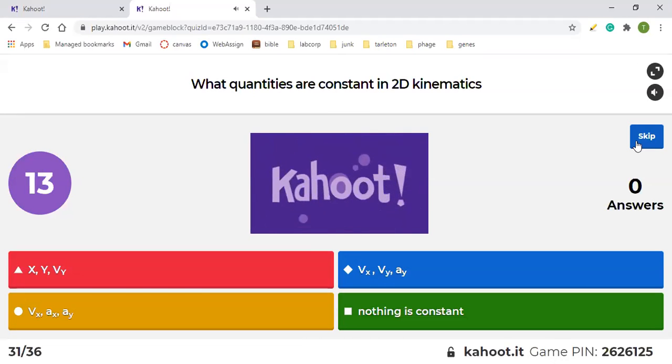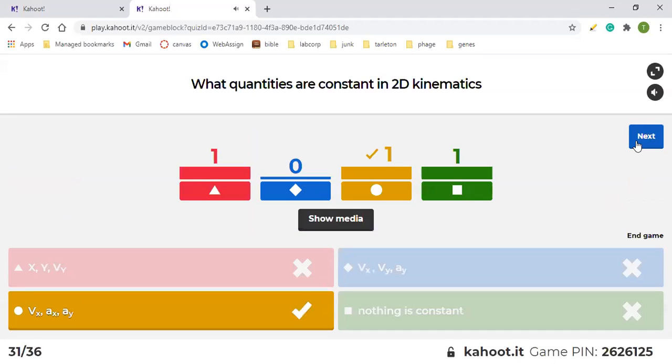Whenever you're looking at kinematics in 2 dimensions, which quantities from the equations are going to remain constant, not change? Our velocity in x is not going to change throughout the entire problem, because at this level of physics we're not looking at air resistance.